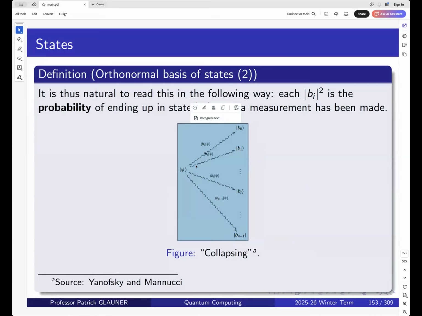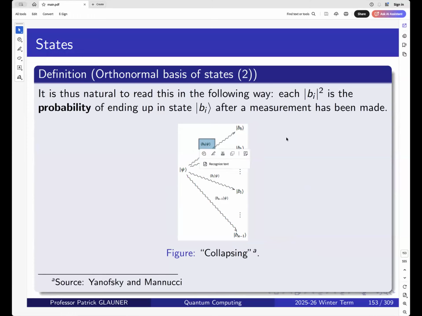So if I have a quantum state, and I may have a very large transition probability, say for example this one here, and I measure, after measurement I may find the particle most likely in B0, but if I run the experiment again, I may get a different outcome. So that also adds uncertainty when we see computations next week.